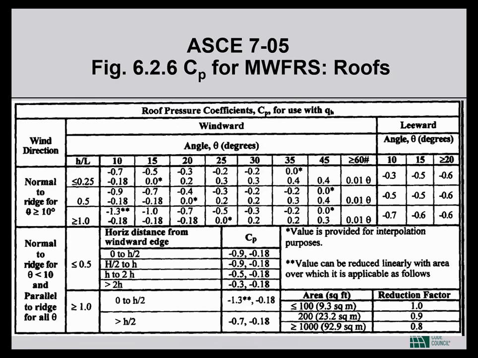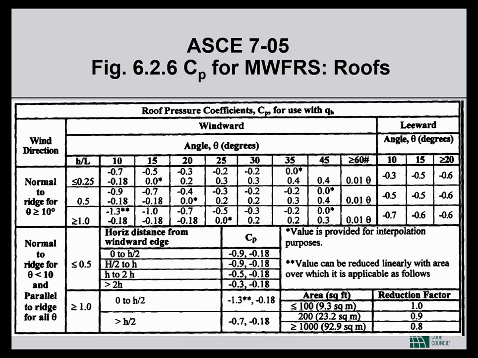Okay, that's pretty much as far as I can take you. This table will take you a little time to digest, but the important thing is that C sub P is given for not only the walls but the roof of the building.